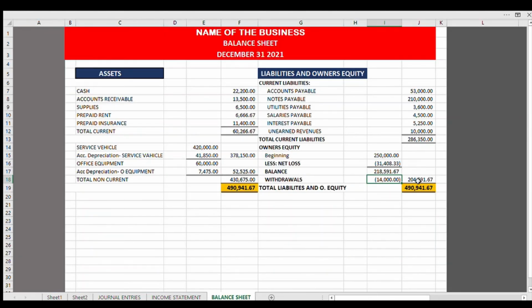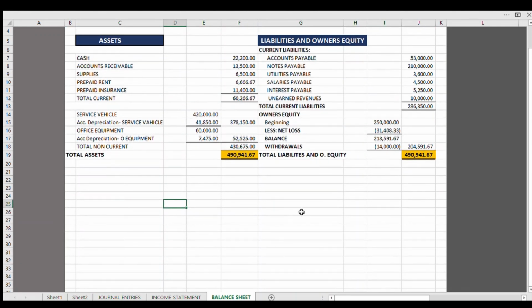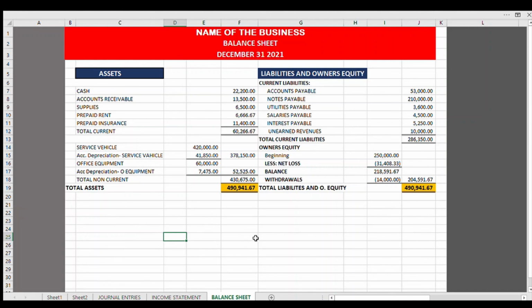So the balance of the equity is 204,591.67, which we add to the total liabilities of 286,350, and the total is 490,941.67, which balances with our total assets. So that's how the balance sheet will look like.